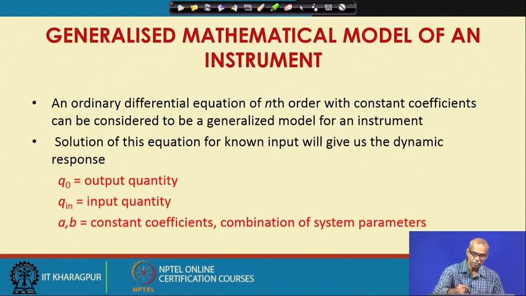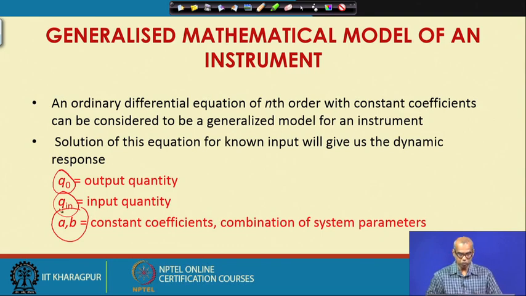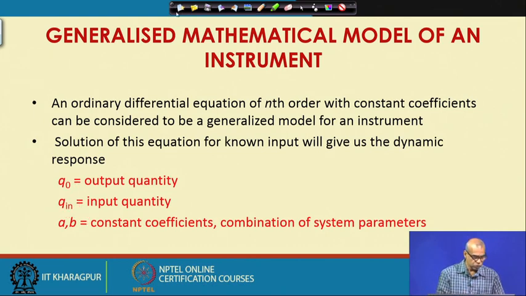Before we write the equation, let us define q 0 as the output from the instrument, q in as the input to the instrument, and a, b as the constant coefficients. Essentially, these will be combinations of system parameters. So, different instruments will have different a's and b's.